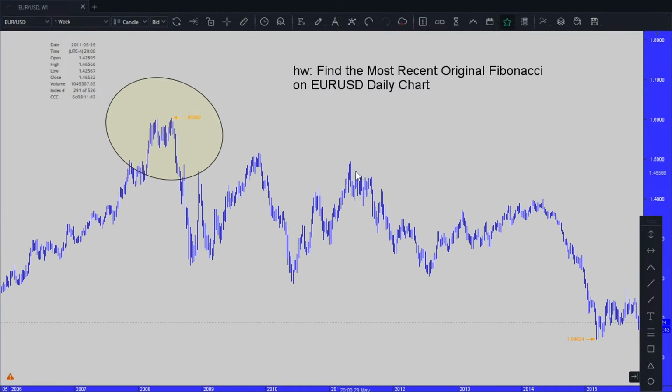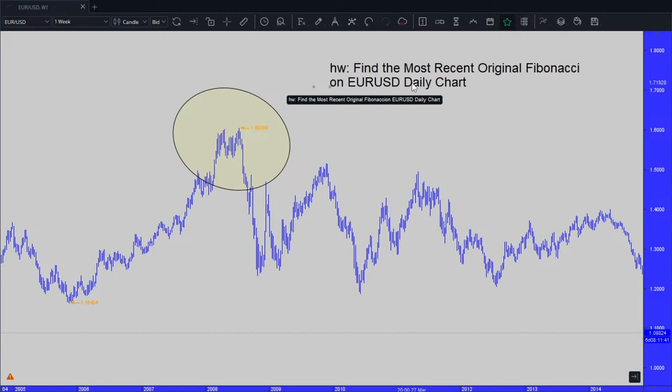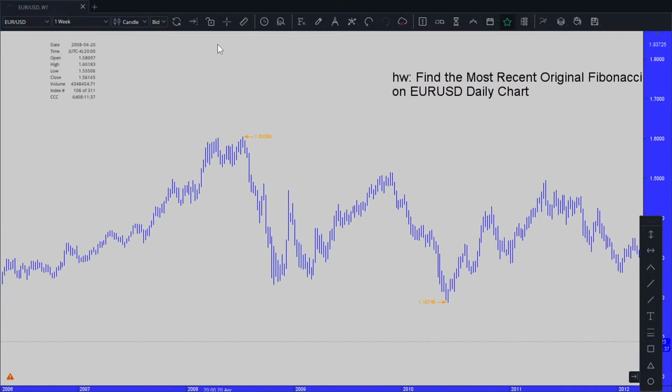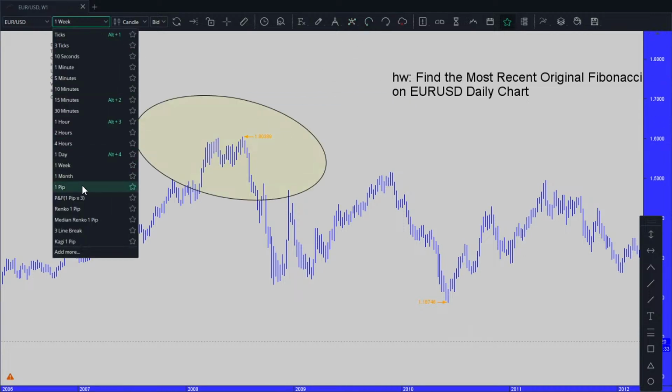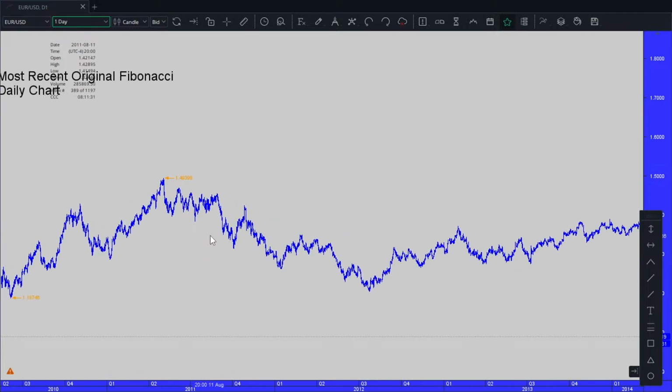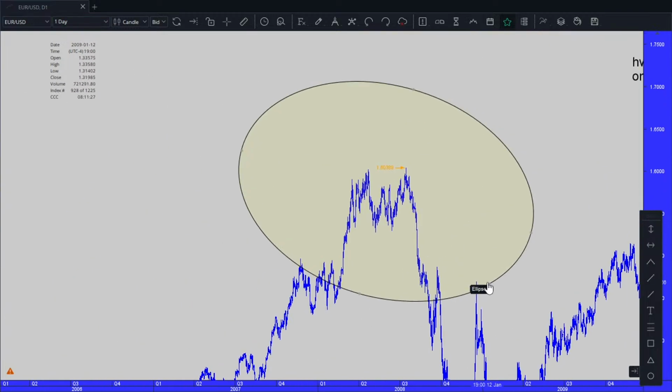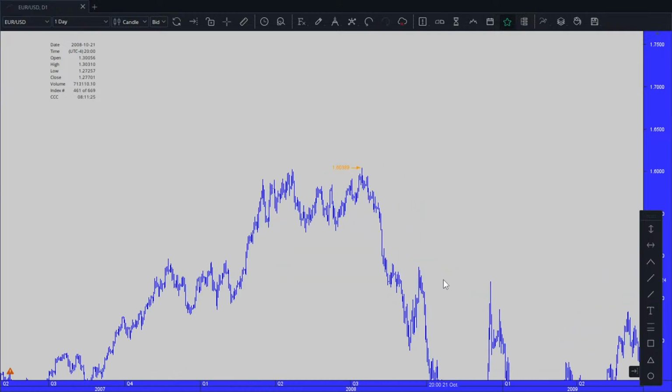Alright, everybody? I have 5 minutes, then I need to go. One more time, I need to get back to the circle because I need to move to the daily. Find the circle. This is where we're going to start our daily Fibonacci.